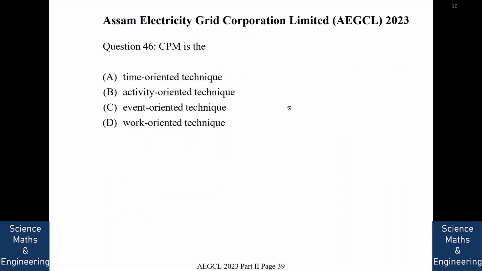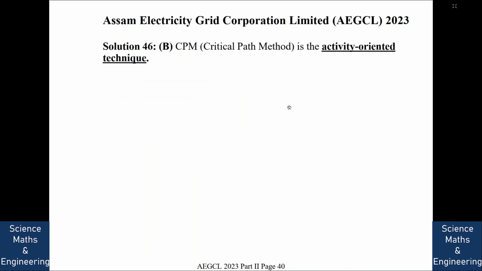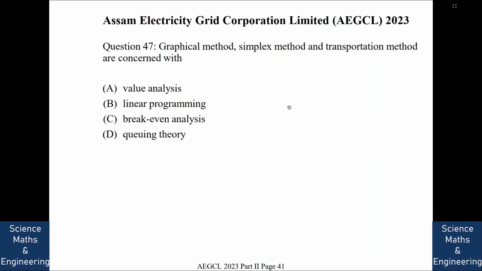CPM is the critical path method, and it is an activity oriented technique. We see the order of the activities and then see which activity we can have more time for, and which activity should be done in the least amount of time. We go to the next question.